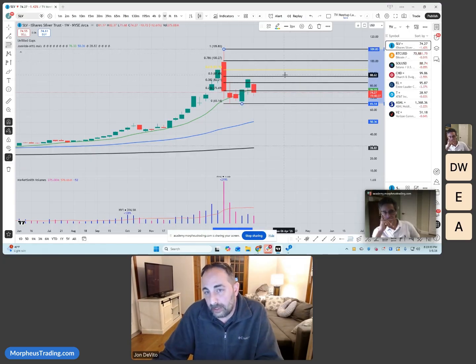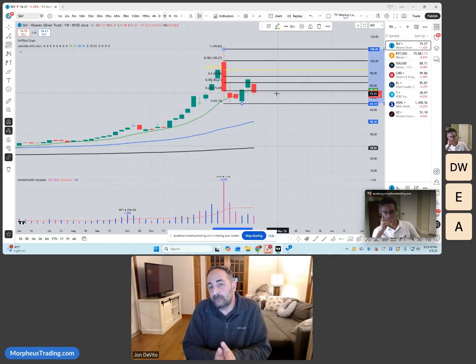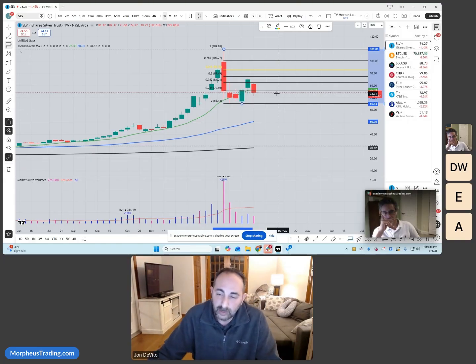So if you took off a piece here, piece here, piece here, and you move your stop to break even or just under if you wanted to do it that way, you'll be in the money on that trade by taking 3 different pieces off of it, and you're scaling out the way that Morpheus teaches us to scale in and scale out of positions when it makes sense.